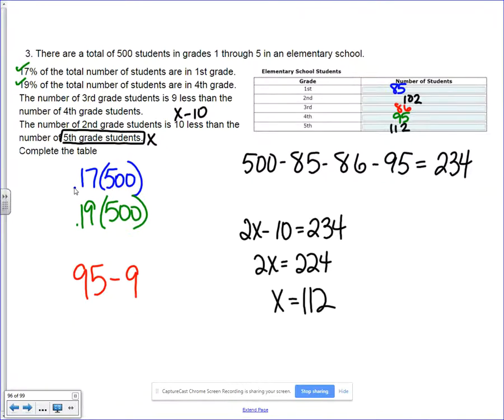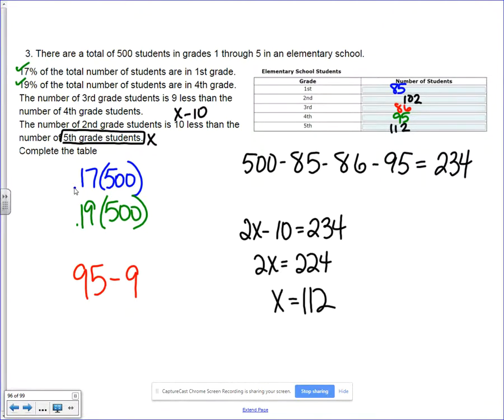So if I take 95 and subtract 9, that gives me 86 for the third graders. Okay, so now I have the number of second grade students is 10 less than the number of fifth grade students. So let's see if I did that subtraction on the 500 properly. So that means there's 234 kids left.